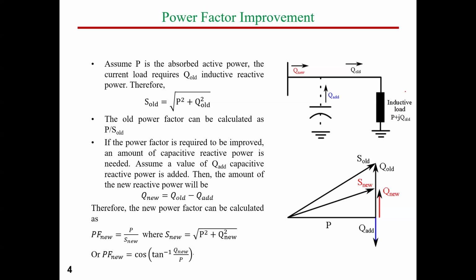All of these devices have motors, and motors have coils, and these coils will take reactive power. I don't like to say absorb reactive power because reactive power is not absorbed. Only active power is absorbed. Reactive power is oscillating. It is taken through inductive and returned again through capacitive. So we don't say consumed or absorbed; that is only for active power.